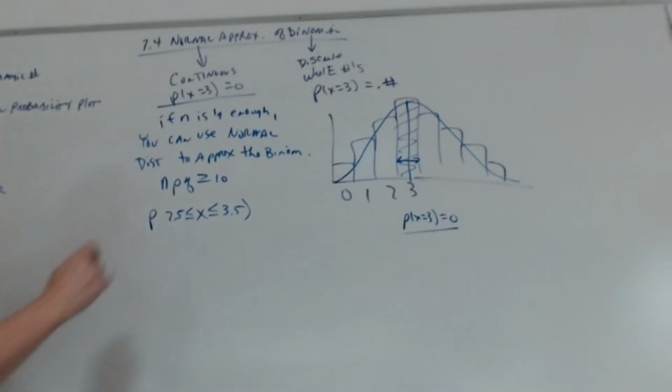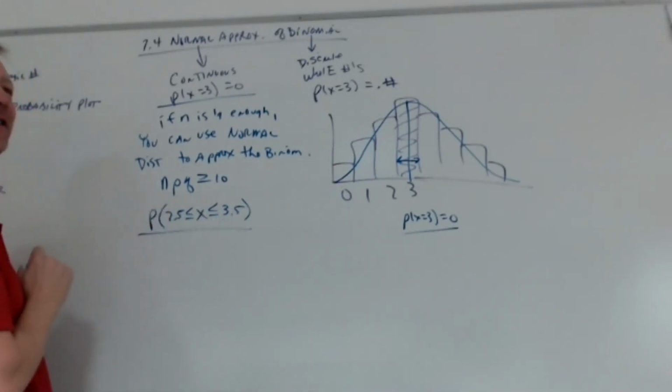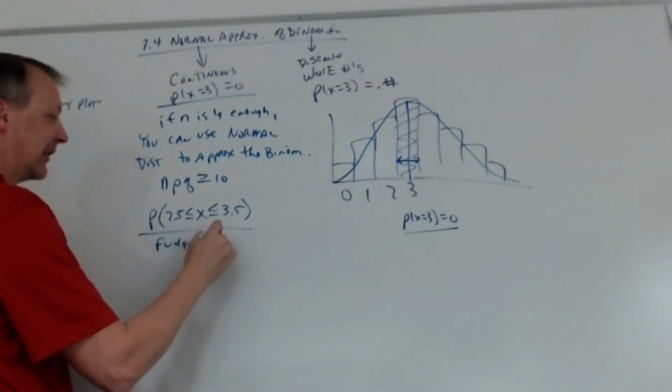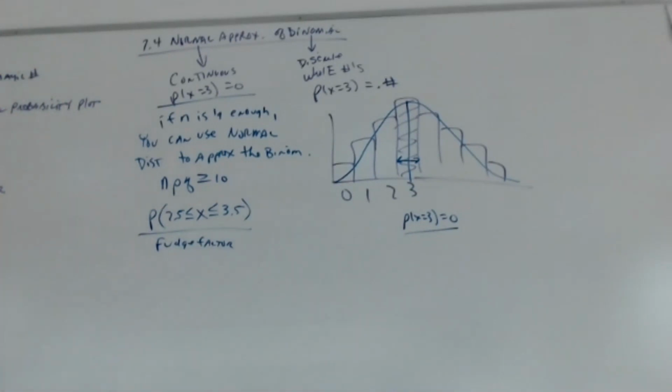Okay? So this is what I affectionately call my fudge factor. It doesn't matter. With the normal distribution, it doesn't matter. With the discrete distribution, it does. But the discrete distribution can never be 2.5. So it doesn't matter.